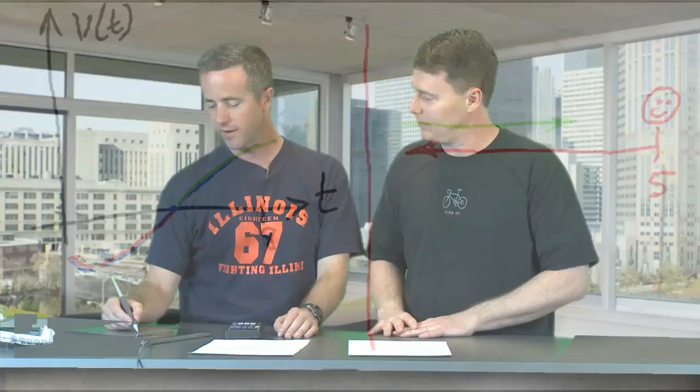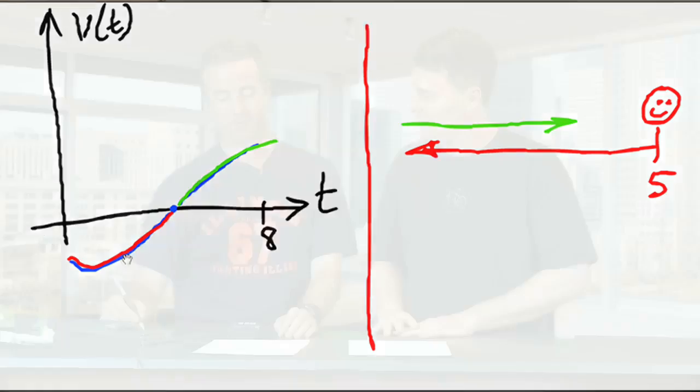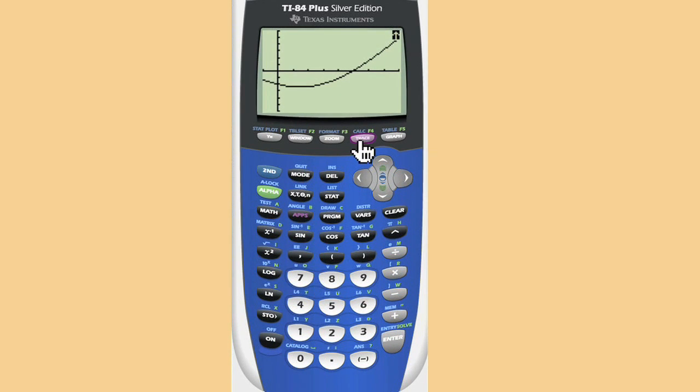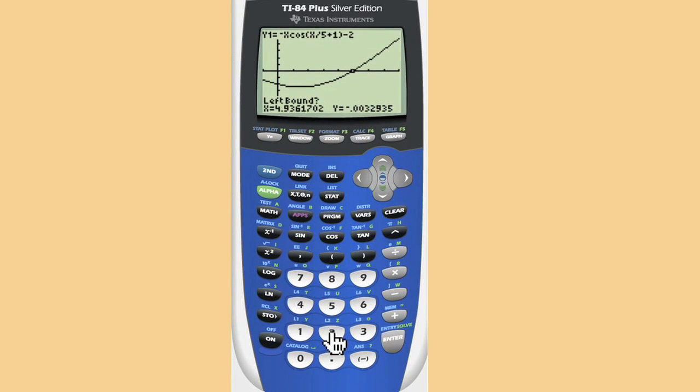Excellent. So given those two graphs, we should now be able to answer all the questions. Starting with part A. When is the particle moving left? Well, the particle is moving left when the velocity is negative. And so I'm guessing we're going to have to find an exact number for that x-intercept. That's correct. To find that, hit second, calculate the 0, and where it says left bound, choose a number just to the left of the x-intercept, like 4.